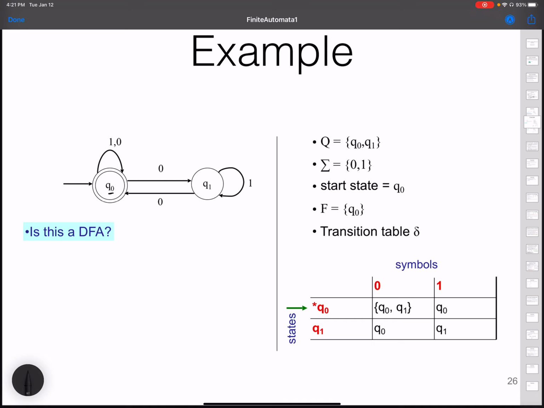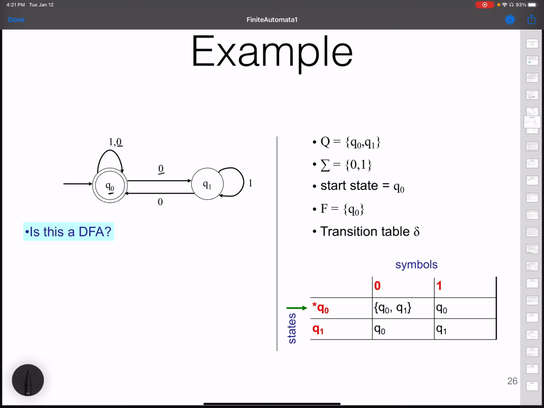One tells you to stay at Q0, the other tells you to go to Q1. This finite state is called a non-deterministic finite state because you have a state that, over one input symbol, has more than one transition.